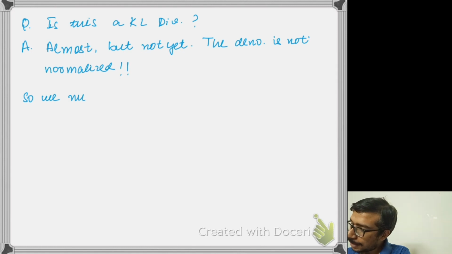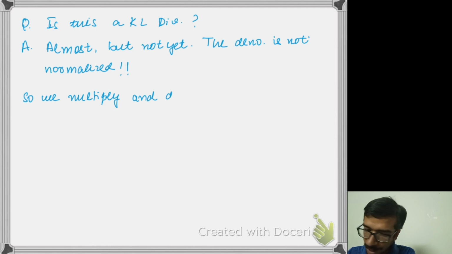So what we do is that we multiply and divide the denominator by a normalizing factor.